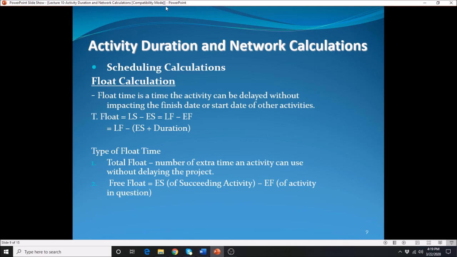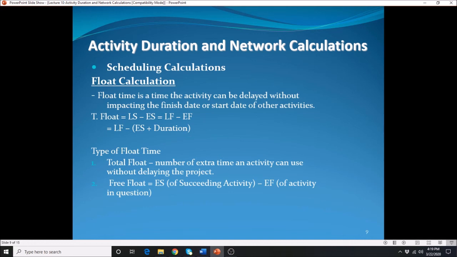So the total float is calculated as the difference between the late start minus the early start, or the late finish minus the early finish. Either of those two. And the free float is whichever is the minimum of the early starts of the succeeding activity or activities, because there might be several succeeding activities.